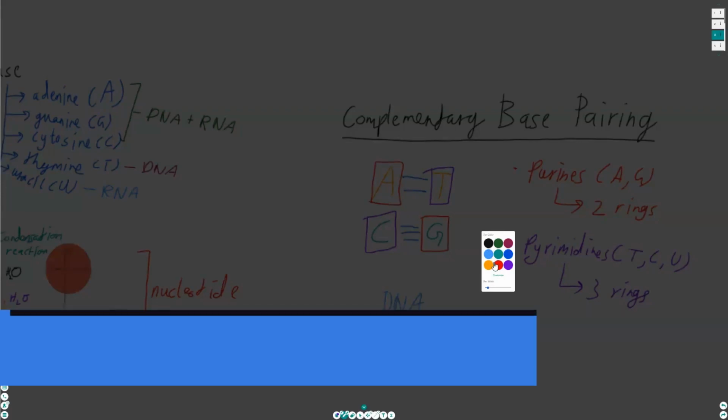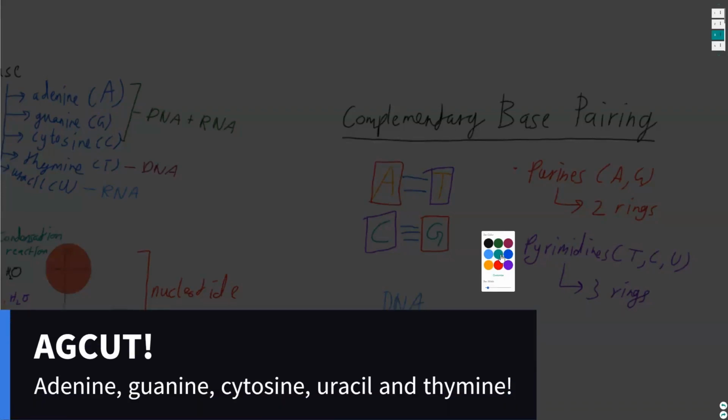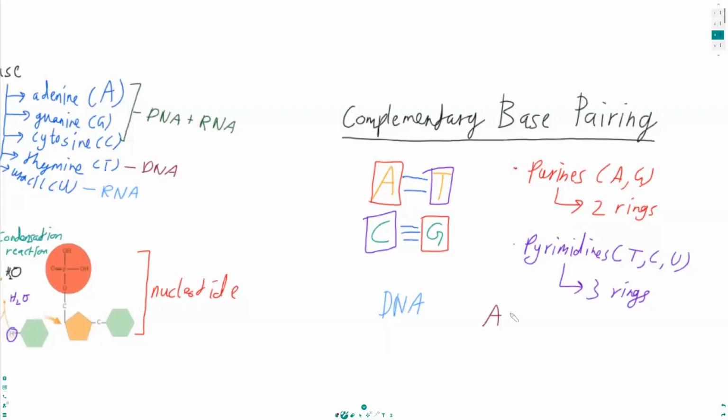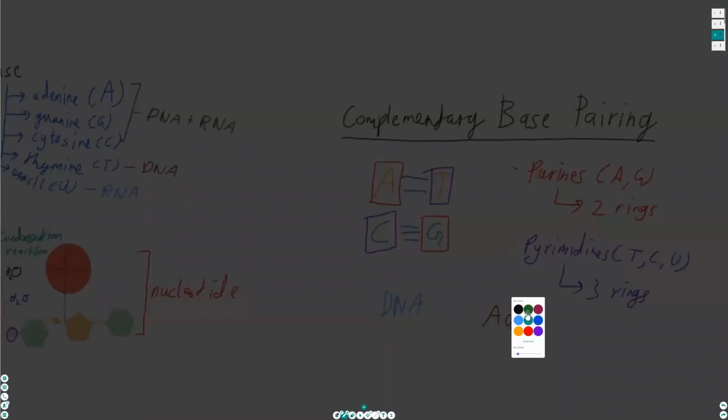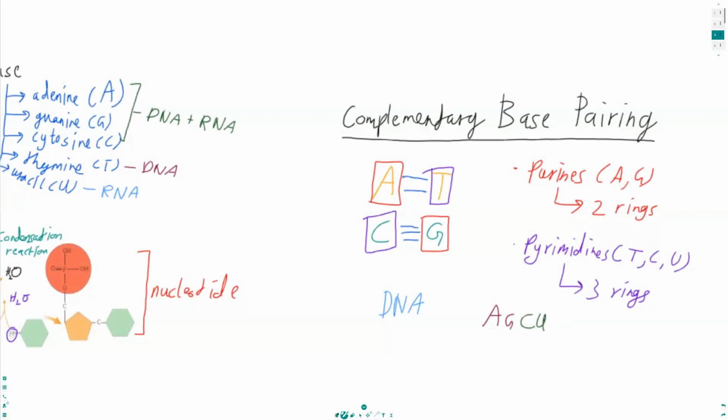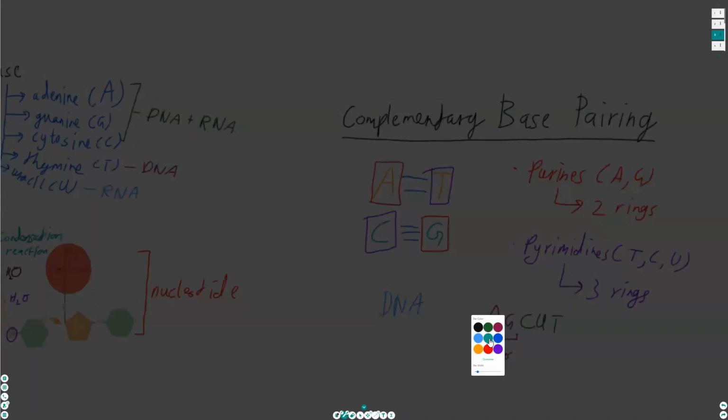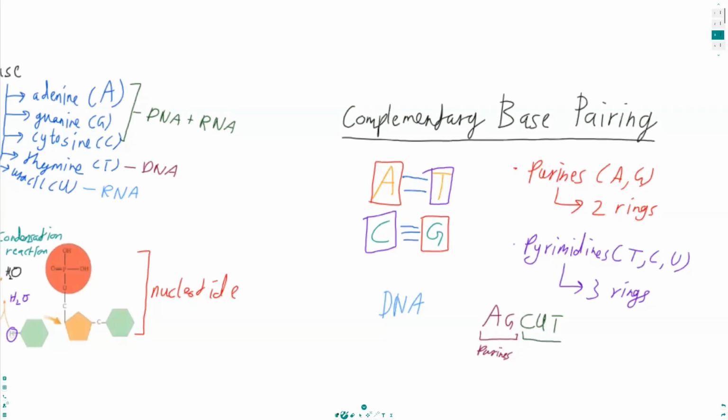What made-up word do you get? You get AG cut. It's a very weird way of remembering it, but it's how I always memorize it. A and G are the purines. CUT are the pyrimidines.